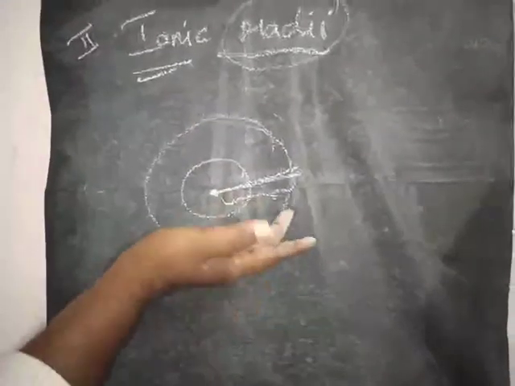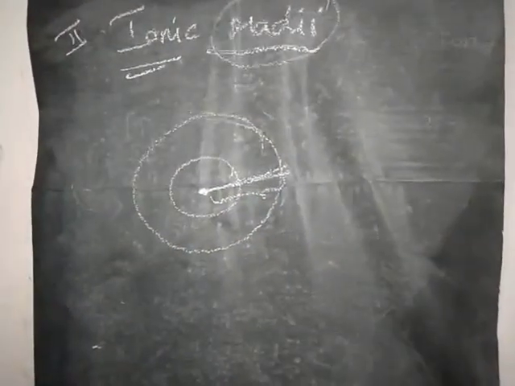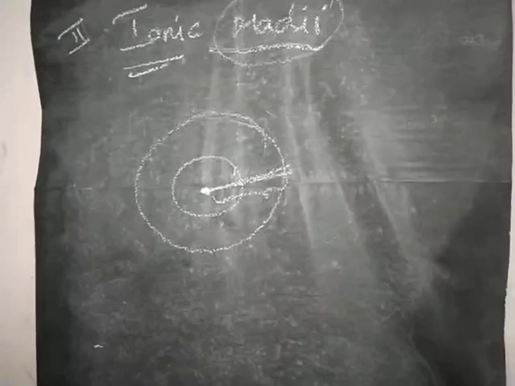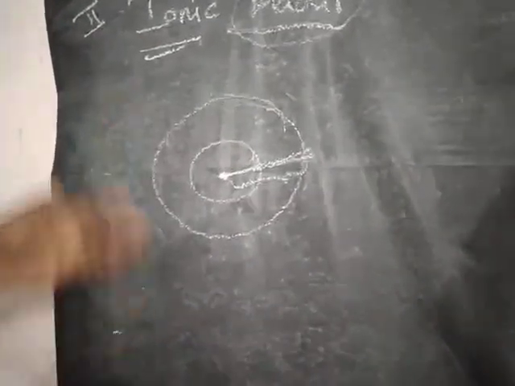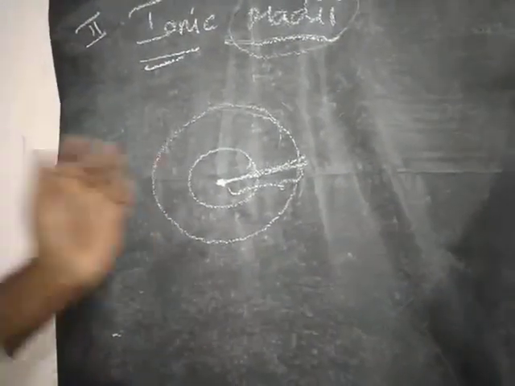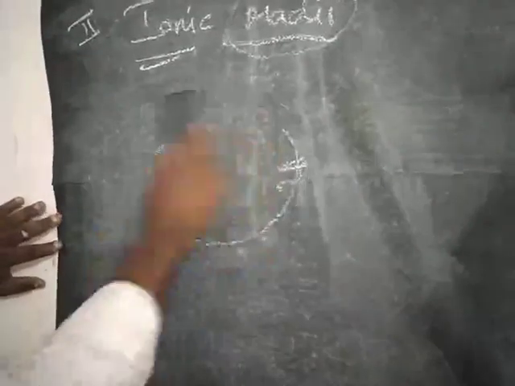If an atom gains an electron, it is called an anion; if it loses an electron, it is called a cation. Ionic radii also increase along the group and decrease along the period.